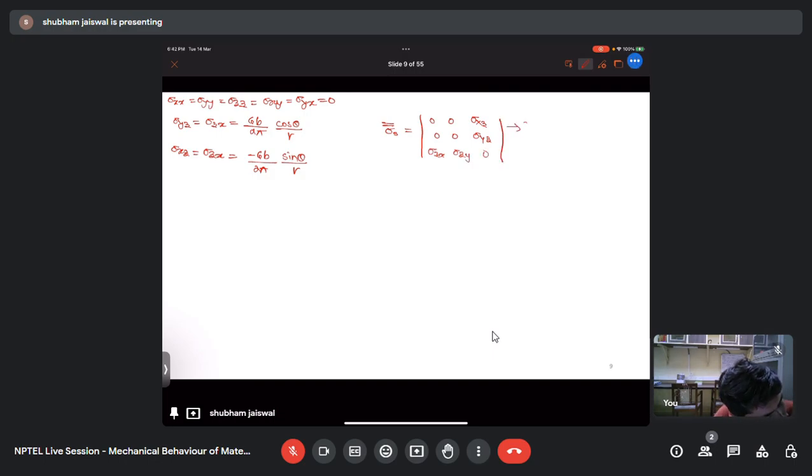So this is the stress tensor for a screw dislocation. If I plot this equation using MATLAB or some other online graph plotting tools, the stress sigma xz will be something like this.